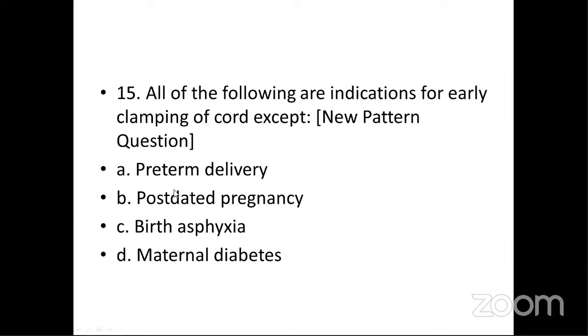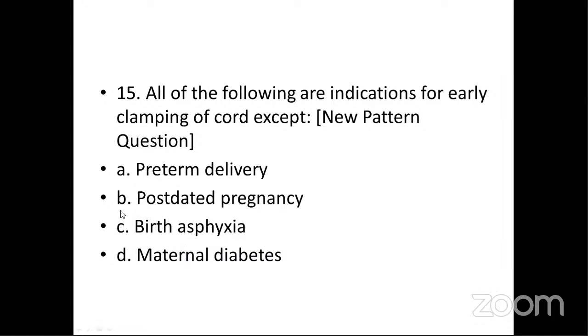Preterm delivery, of course, we need to clamp early. Yes or no? Yes, ma'am. Because you don't want the baby to be having more blood volume, which would cause complications. So preterm labor, birth asphyxia, and even maternal diabetes, you don't want the baby to be overwhelmed, right? So in all three conditions you want to clamp the cord early.